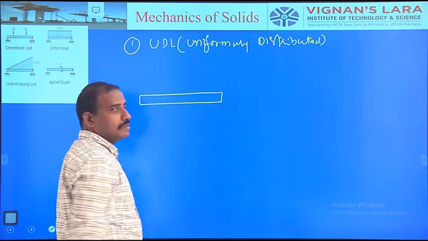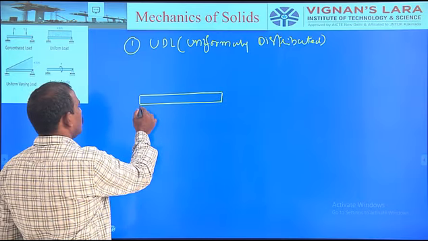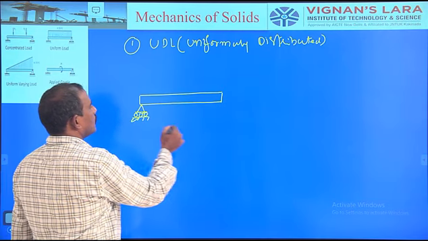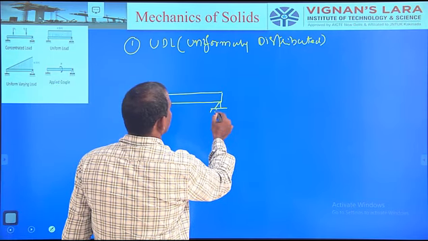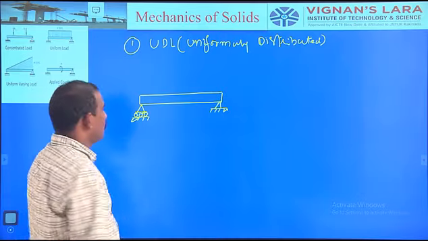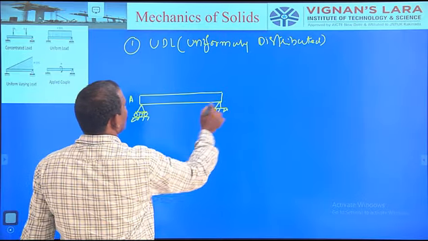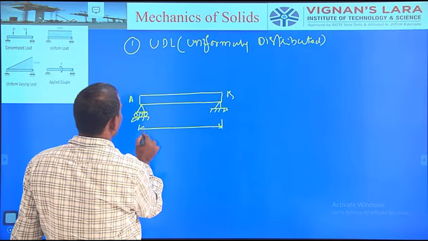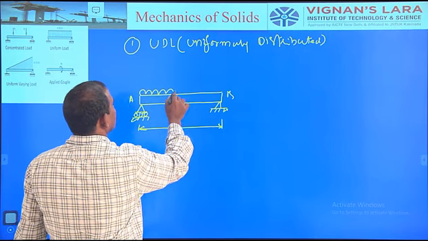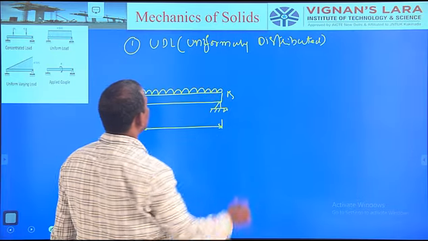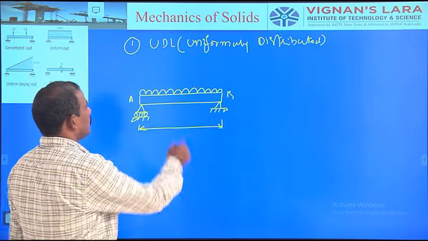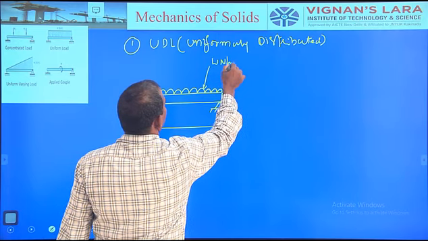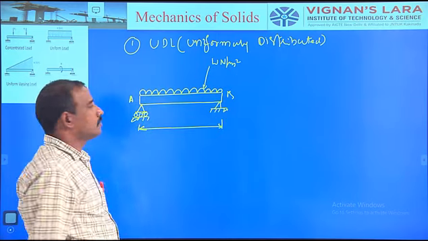One of its ends is supported with a roller support as usual, and the other end is supported with a hinge. If the load is distributed uniformly over a length L, that is from A to B, it is represented graphically in such a way that the rate of load is W Newton per meter.